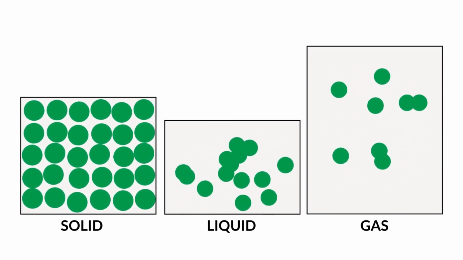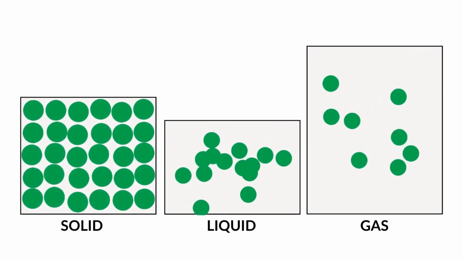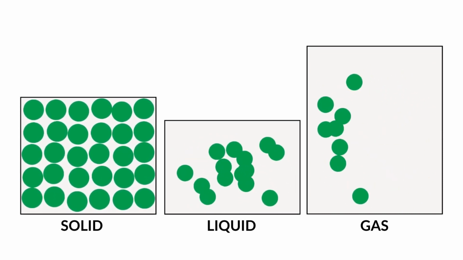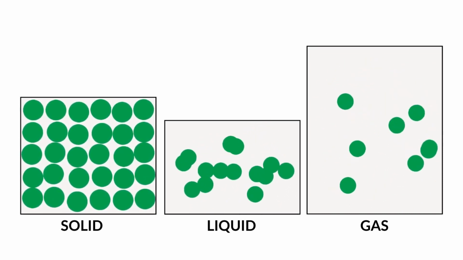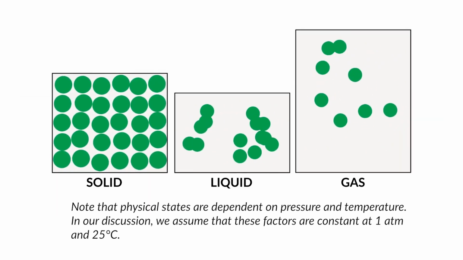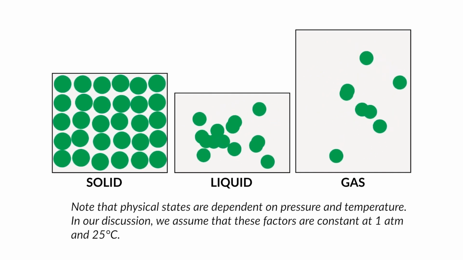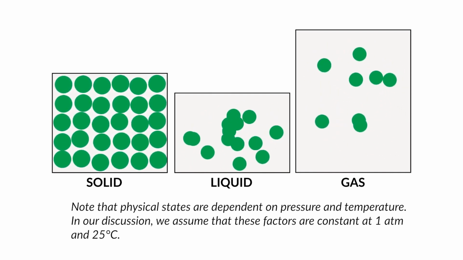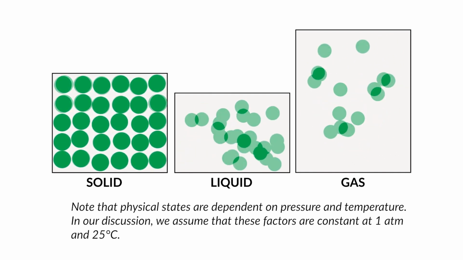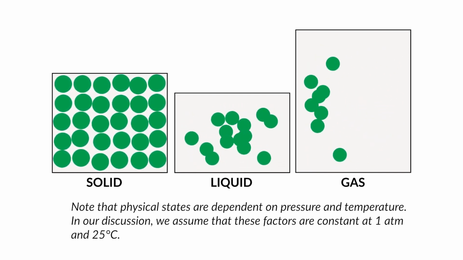Furthermore, the distance between particles depends on the strength of attraction between them. Let's see how that works in this model of physical states of matter. Among the three, the solid state has its particles closest to each other, which means solid substances, in general, exhibit the strongest attraction between its particles.